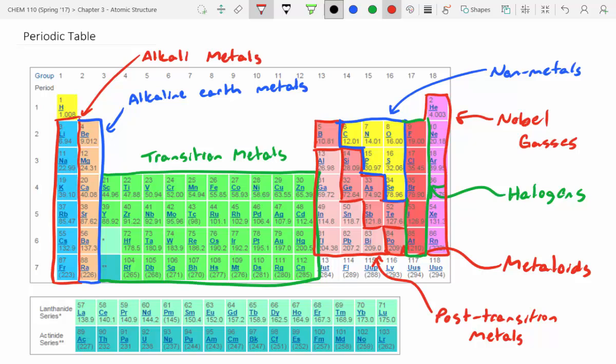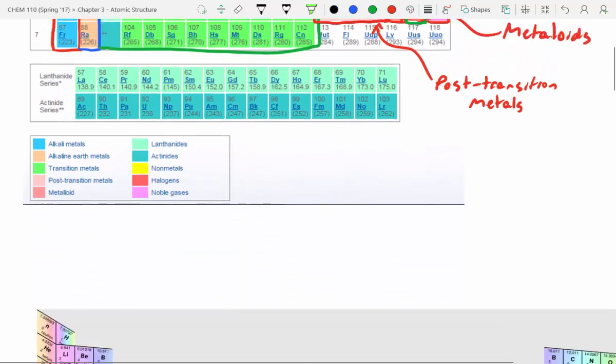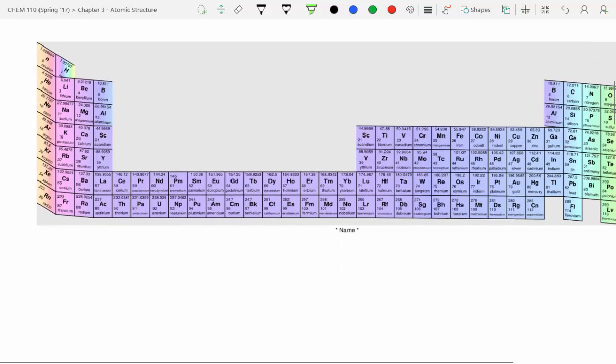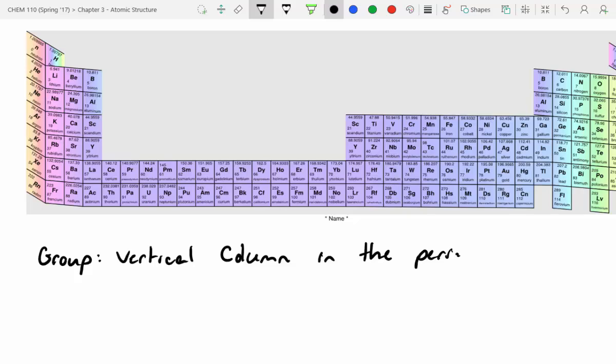So let's define some other things in the periodic table beyond just the groups. And I'll show you guys this other periodic table too. First one we already mentioned is a group. It's a vertical column. So the Roman numerals and the number.